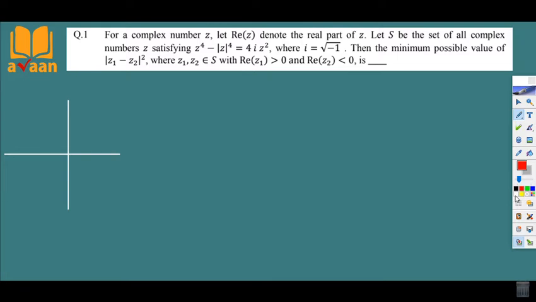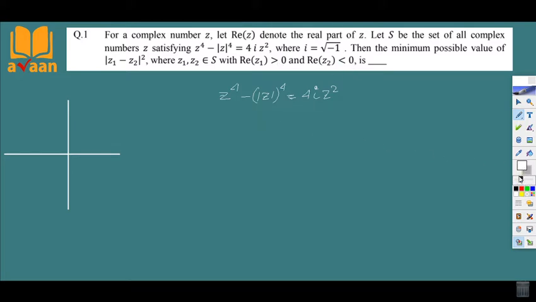The equation says z raised to 4 minus modulus of z raised to 4 is equal to 4 iota times z square, isn't it? And iota is root of -1. Minimum possible value of mod of z1 minus z2 whole square, where z1 is the complex number with positive real part and z2 with the negative real part.